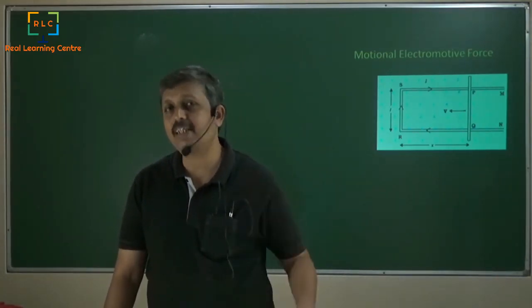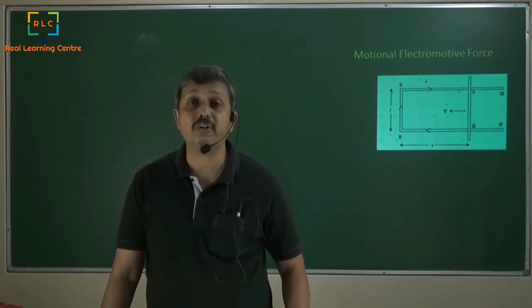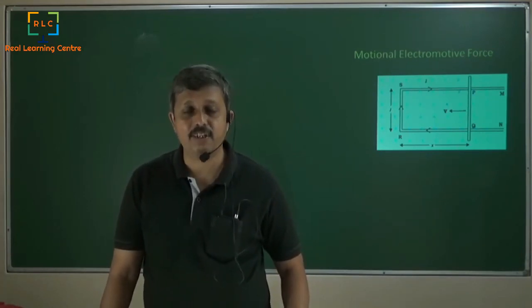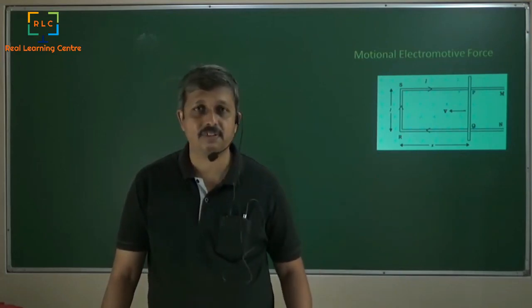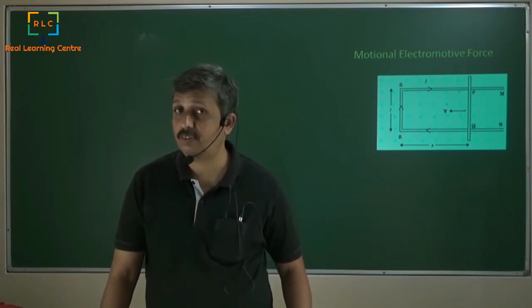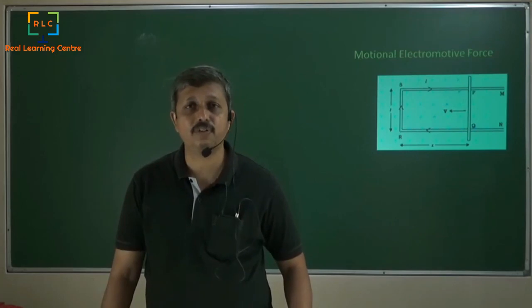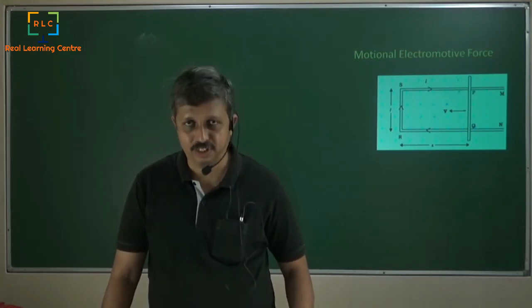Now how do we explain that using the things that we already know, like, for example, Lorentz force? Is it possible to explain it using that? These are the things we are going to look at in the next session. Thank you.